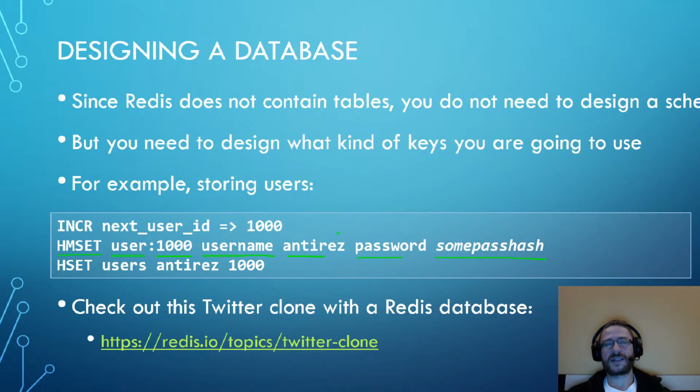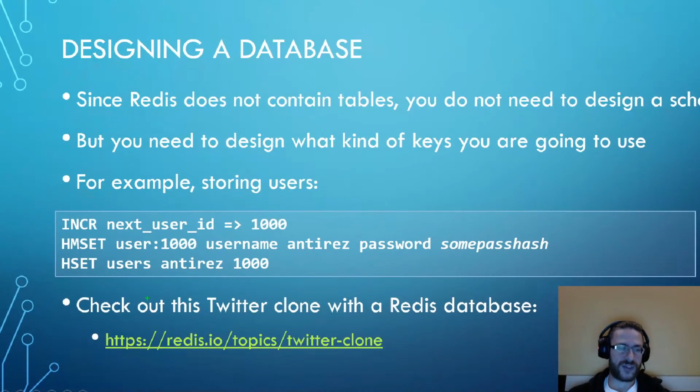And then we may say, well, we need to know which username maps to which ID. So we're going to use yet a third structure to store each username mapped to each ID.